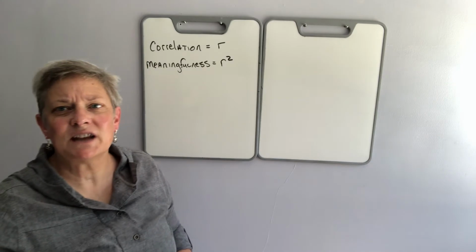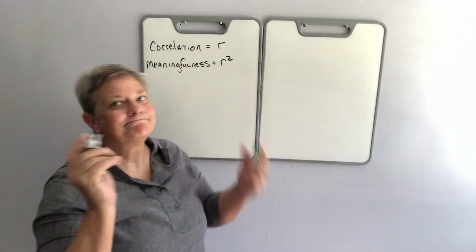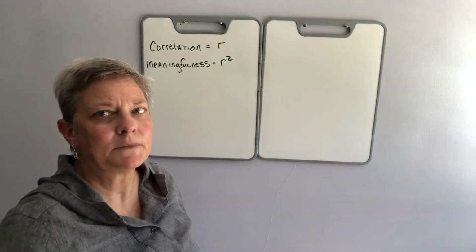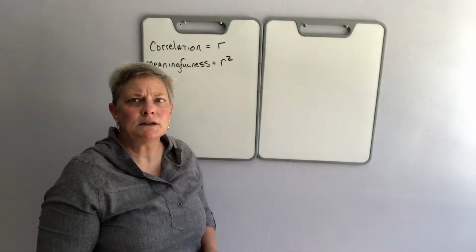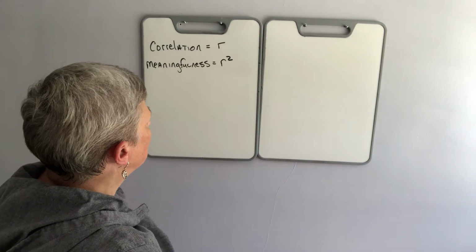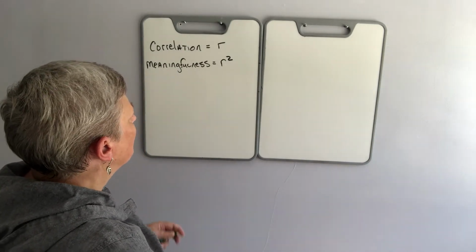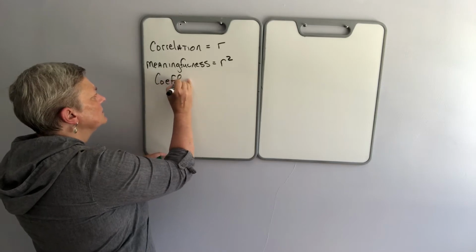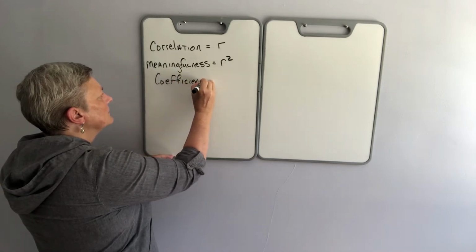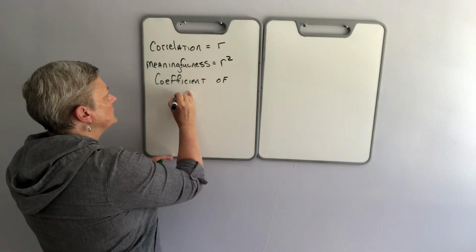Now, to understand that, you need to put your thinking cap on a little bit, because this is a really important concept in statistics. Meaningfulness is also referred to as the coefficient of determination.